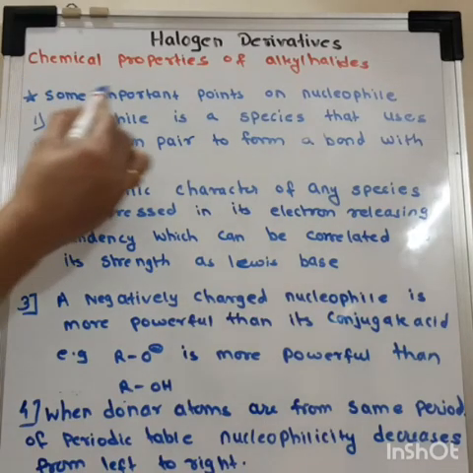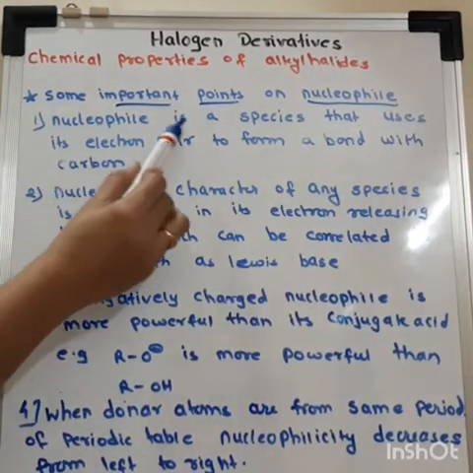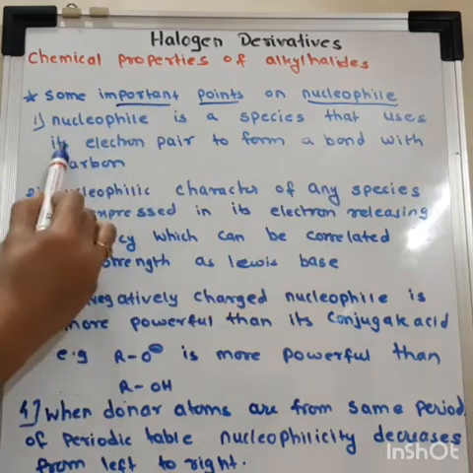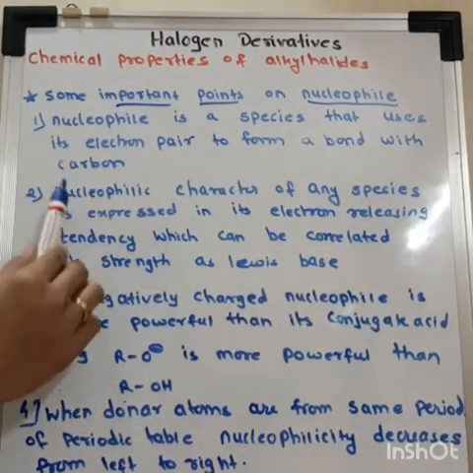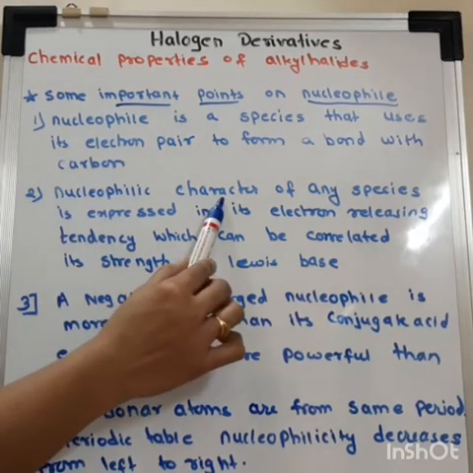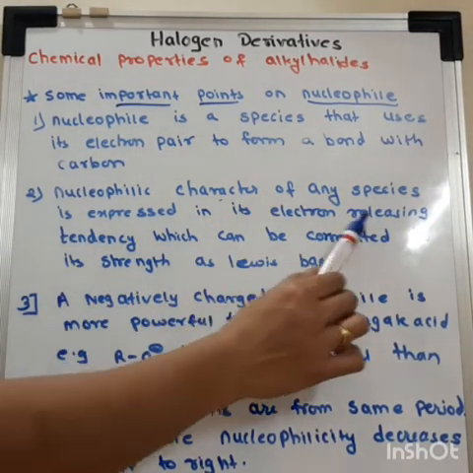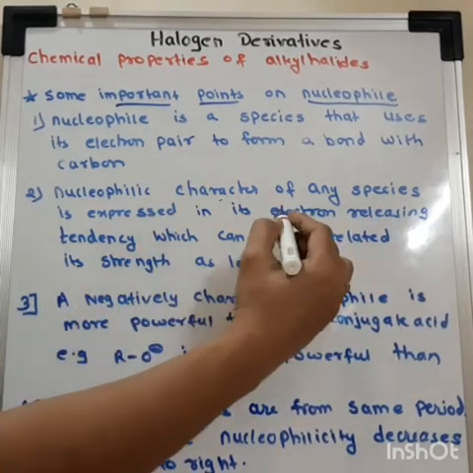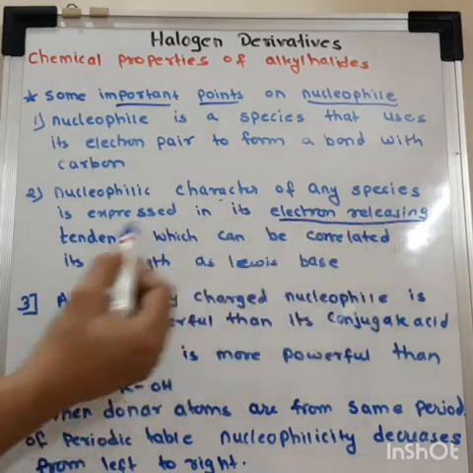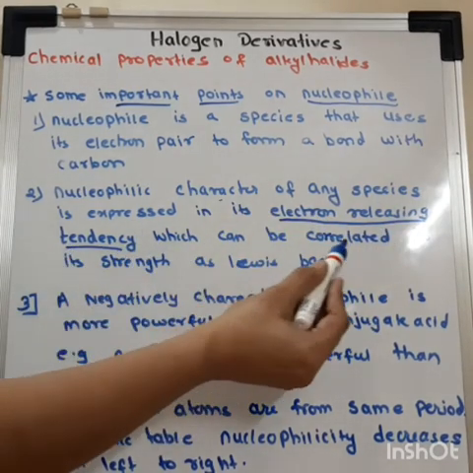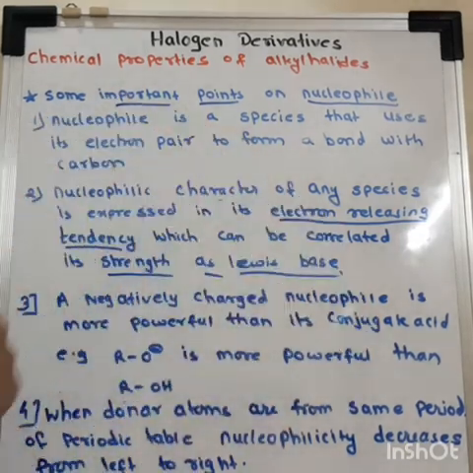Let us see some important points on nucleophile. A nucleophile is a species that uses its electron pair to form a bond with carbon. Next point, nucleophilic character of any species is expressed in its electron releasing tendency, which can be correlated to its strength as a Lewis base.